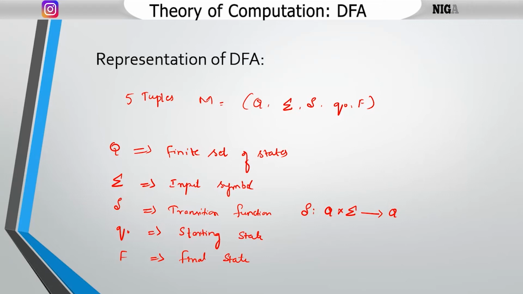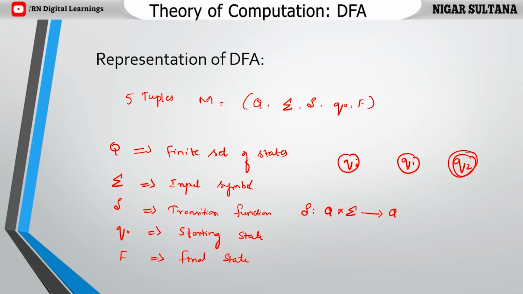I'll show an example of how the DFA will be. Suppose we have 3 states, Q naught, Q1, Q2. Q2 is our final state with a double circle. This is our starting state. Now, you have input symbols 1 and 0.